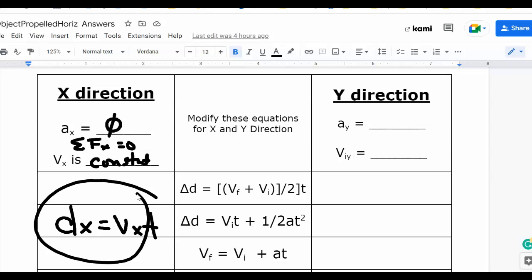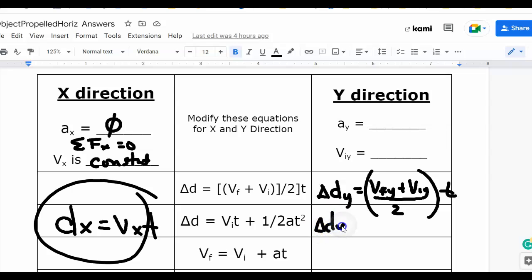Now on this side, all we have to do is change the equation. Put little y's on everything that you see there. Delta dy equals viy t plus 1/2 g t squared. What's that little g I put in there?